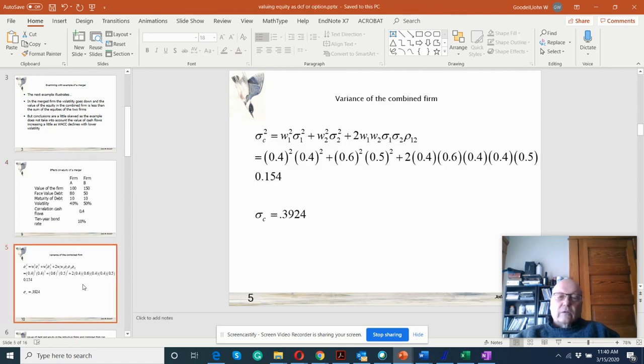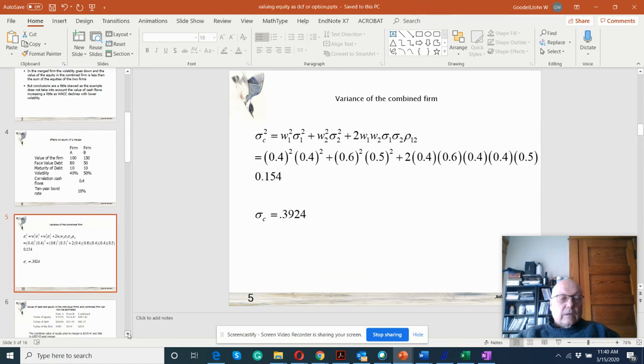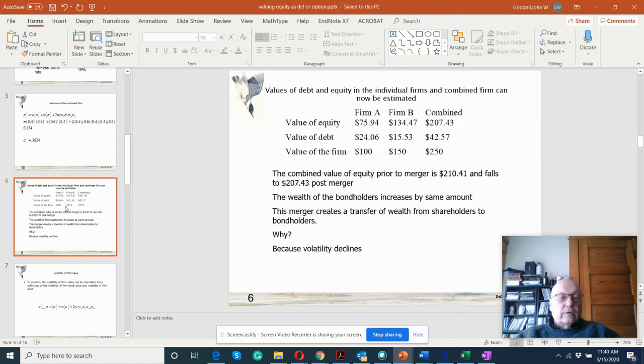So to get the volatility of the combined firm, we use the formula for the volatility of a two-asset portfolio. And you might recall that from previous lectures and so on. And this is our volatility of the combined firm. And then we would have all the inputs now to do the Black-Scholes on A, B, and the combined.